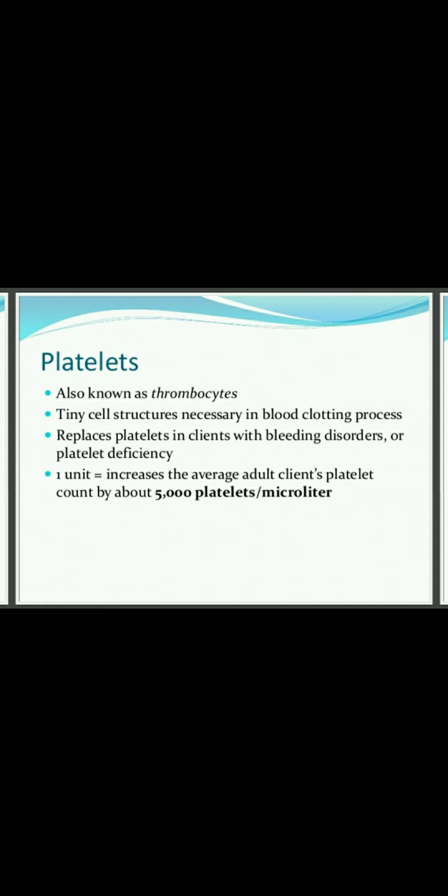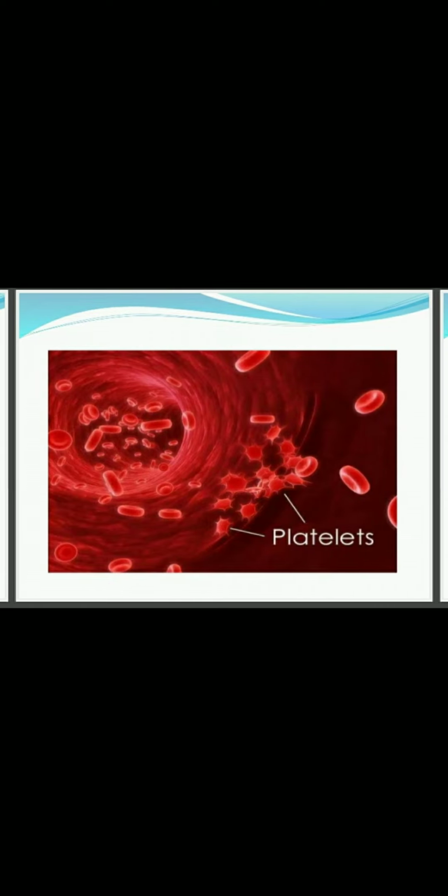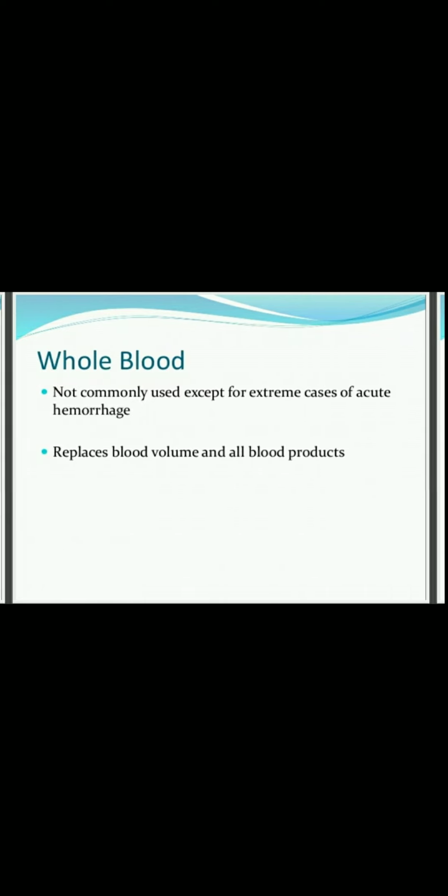Now 1 unit increases the average adult client's platelet count by 5000 platelets per microliter. So 1 unit of platelets increases the count by 5000. This is the microscopic representation of platelets, which help in the clotting of blood.